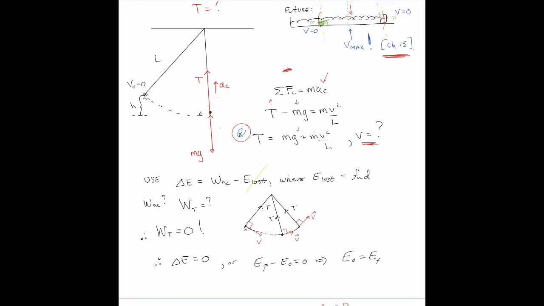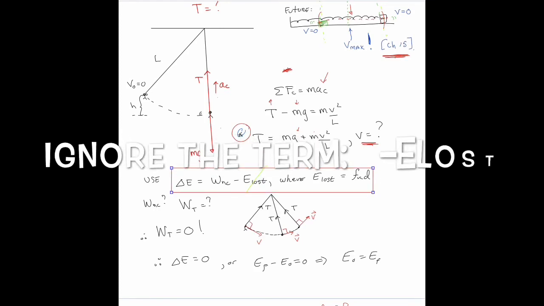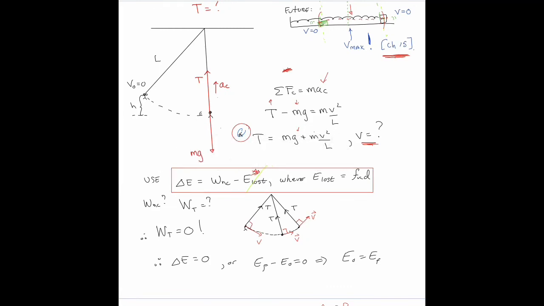So I use our go-to energy expression. This term, energy lost, is the energy loss due to kinetic friction. Well, there's no kinetic friction, so that term's 0. So I have to look at this term, work done by non-conservative forces. Are there any non-conservative forces that act on Tarzan? Yeah, the tension. That's a non-conservative force. There is no potential energy function associated with the tension.